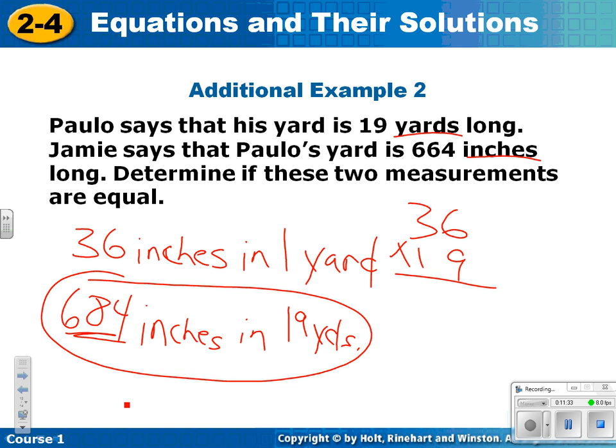Yeah, it says determine whether or not these measurements are equal. It doesn't ask me how many inches there are in 19 yards. So in order to actually answer the question, what do we have to say? Say no. No, not equal.